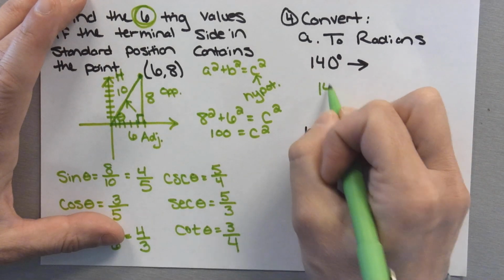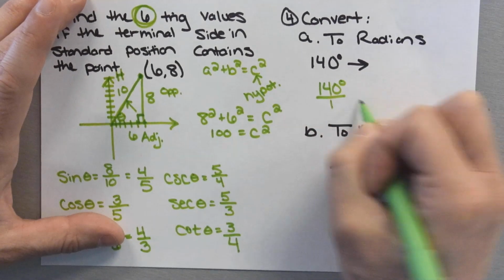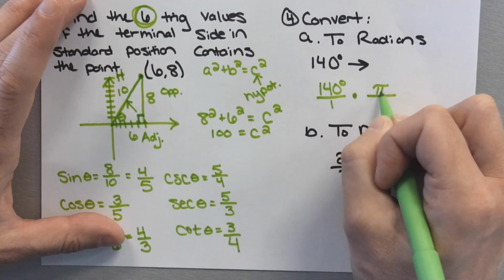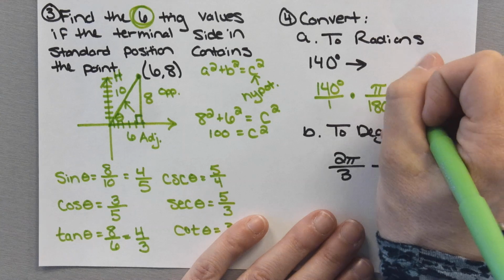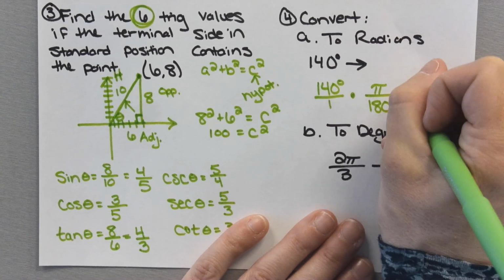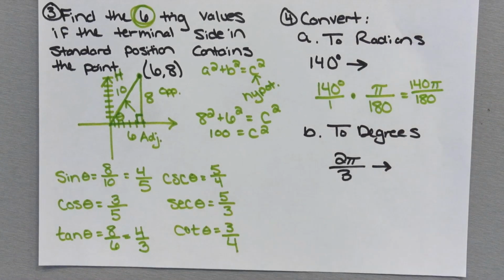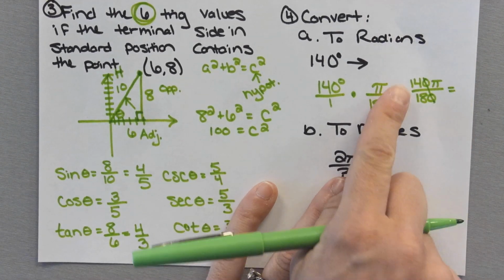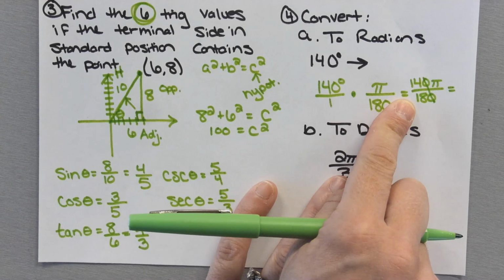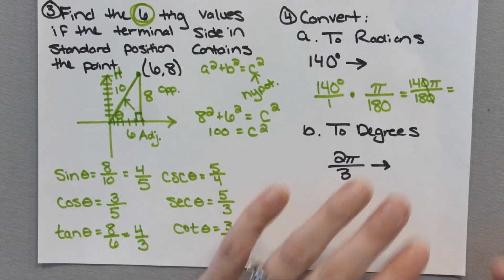140 into radians. What should I multiply by? Pi over 180. So when you're going into radians, the pi goes on top. So 140 pi over 180. Can I leave my answer like that? No. Let's hack off the zeros. And then, what can I divide into both 14 and 18? 2.